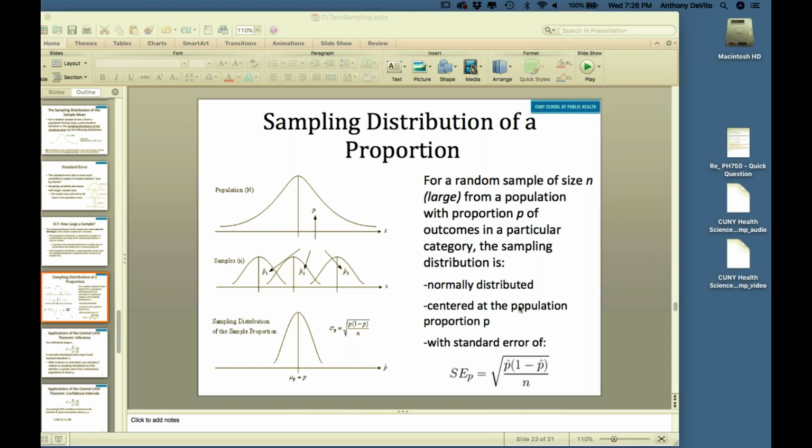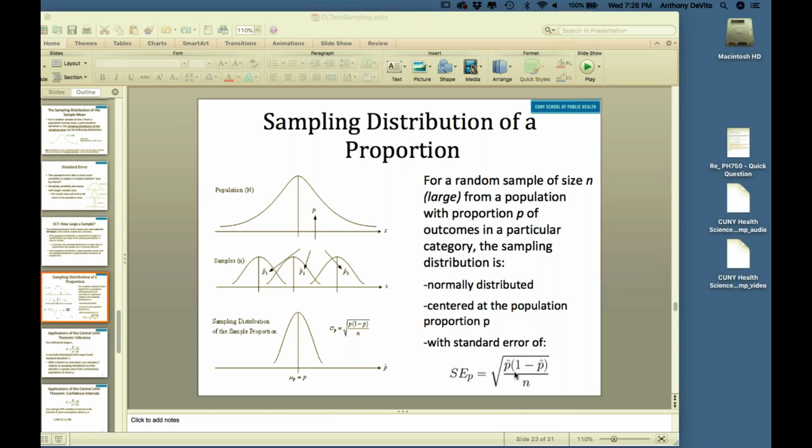And they're going to be distributed a certain way. And in fact, you can actually calculate a standard error, a standard deviation for the proportions. As it happens, the formula for the standard error for the proportions, which gives you a variability of proportions, is equal to the square root of P times 1 minus P over N.